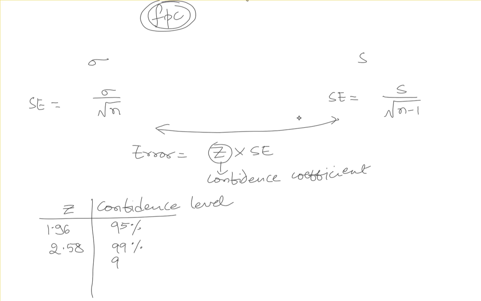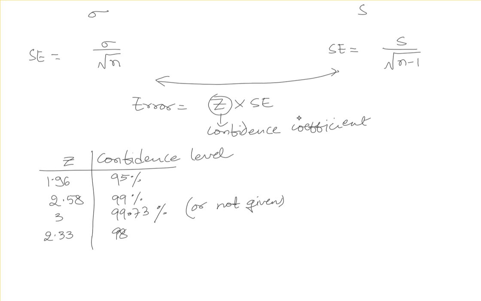If it is 99.73%, or the confidence level is not given, meaning almost accurate, then 3. If it is 98%, then 2.33.